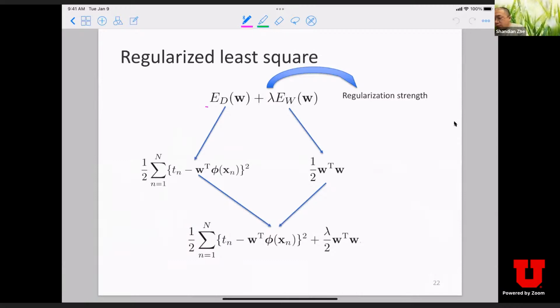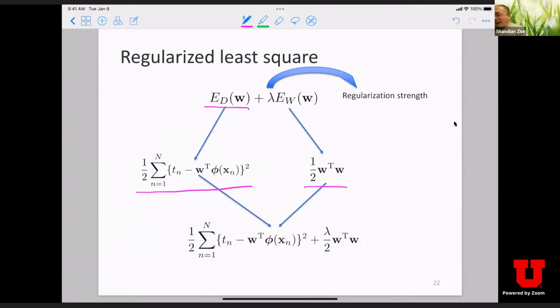In addition to the square error, often called the square loss, we add a soft regularization term which controls the scale of each weight. A very commonly used regularization is the L2 regularization.